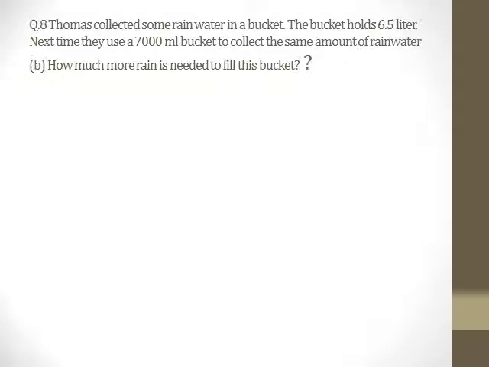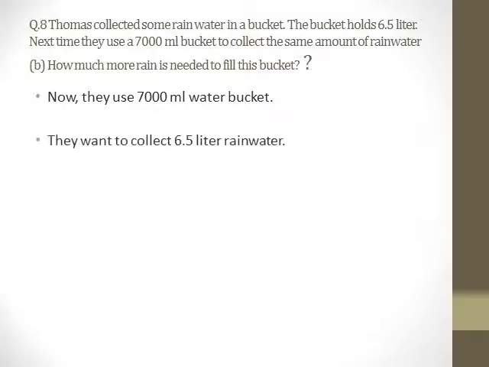So what information do you have? Now they use a 7,000 milliliter bucket. They are using a different capacity now, and they want to collect the same amount of rainwater. That means they want to collect 6.5 liters of rainwater, as we know from the last part.